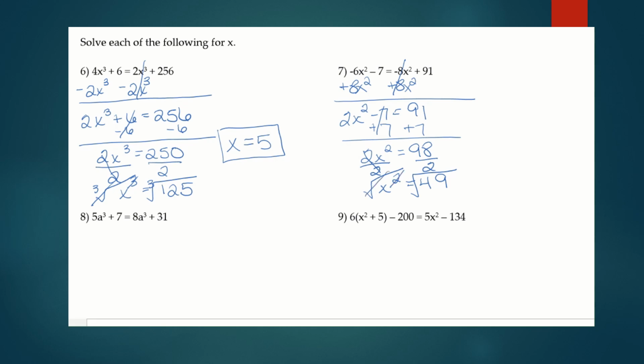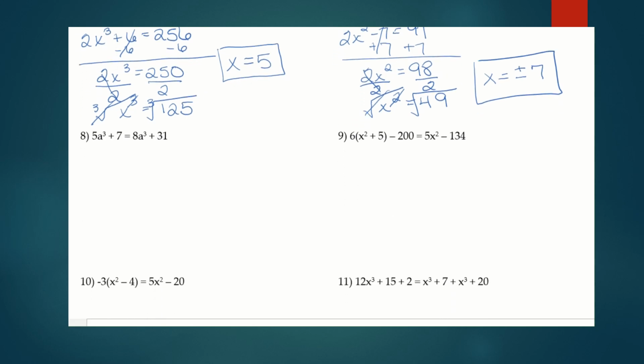So when we do this, we get x equals, and remember we're going to say plus or minus 7. And the reason for that is 7 squared, or 7 times 7, is 49, and negative 7 times negative 7 is 49. So there's two different values for x that we can plug in, positive or negative 7.